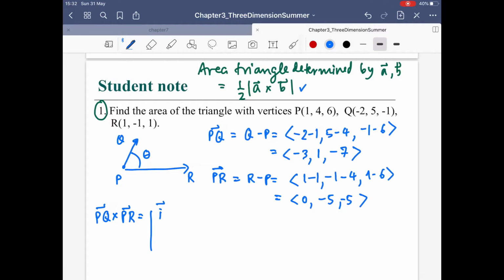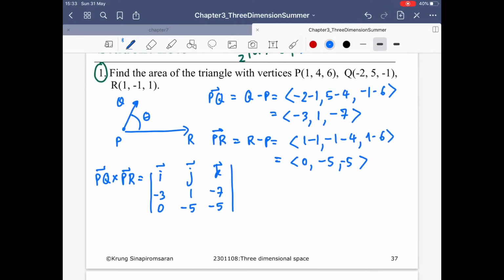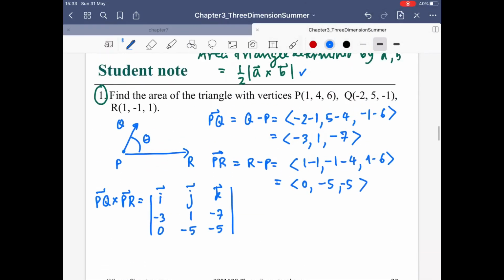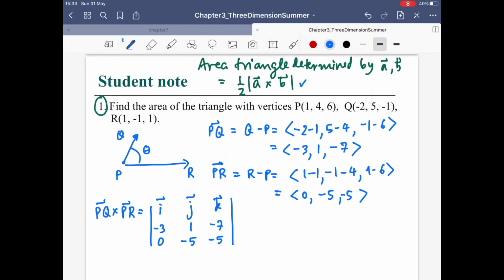So the cross product will start with i, j, k, and then PQ, which is -3, 1, -7, and PR, which is 0, -5, -5. If you are so good, then you may have a quick way to find the determinant.